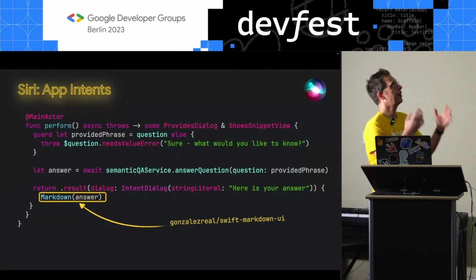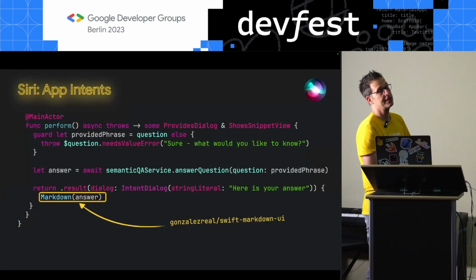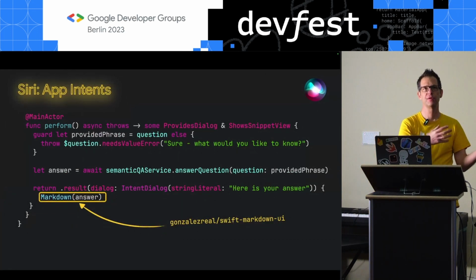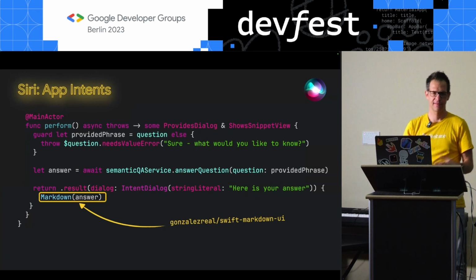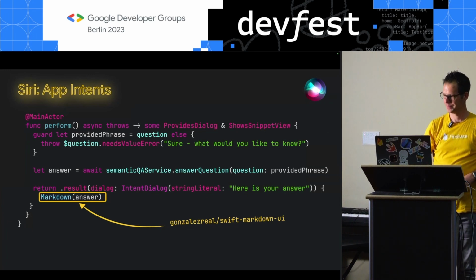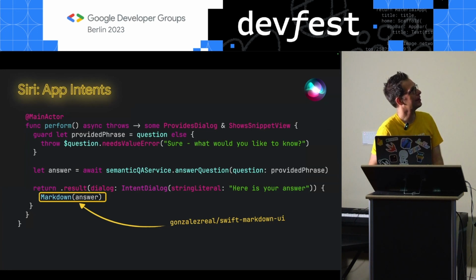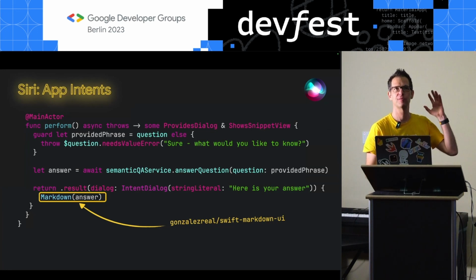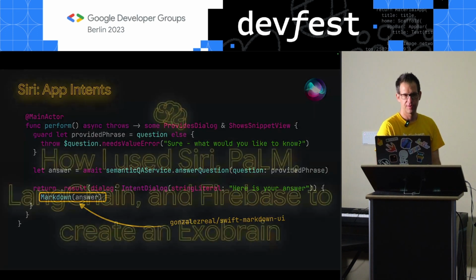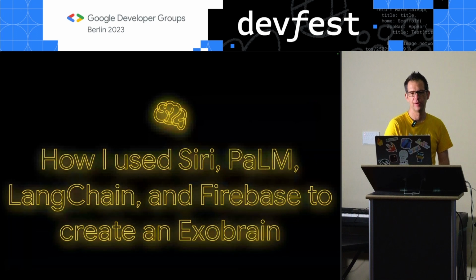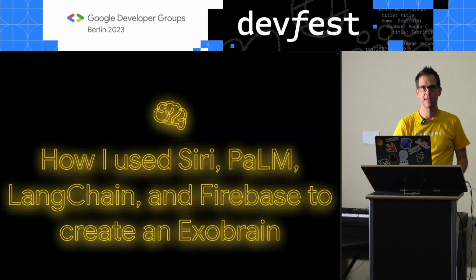I fetch data from there, and then I render it as markdown into a Siri intent so that it gets this beautiful formatting. And this is a wonderful library that allows you to render markdown in the SwiftUI application. All right, and that was how I used Siri, PaLM, LangChain, and Firebase to create an Exobrain.